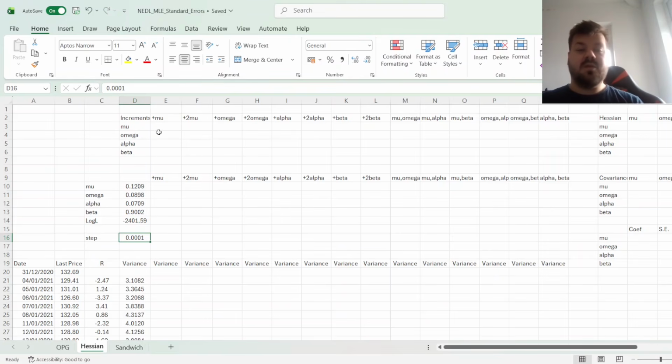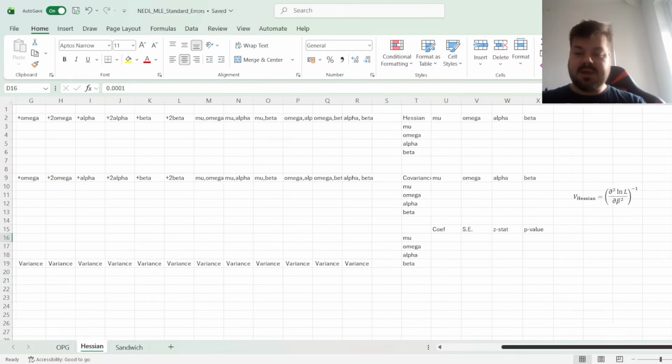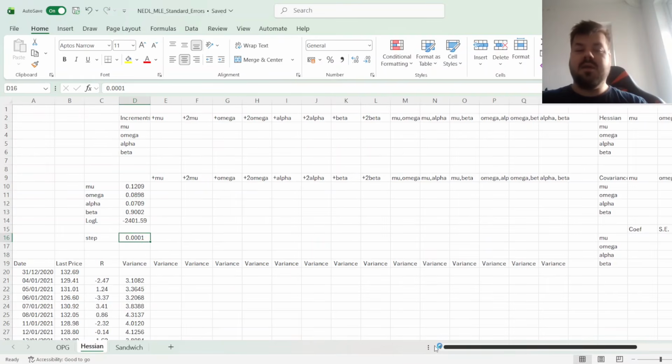First of all, we'll have to increase each variable by one step and by 2 steps. That would allow us to calculate second order derivatives of the log likelihood function with respect to those parameters in particular. So essentially the second derivative of log likelihood on mu squared, for instance. So it will be the second derivative with respect to mu, or omega, or alpha, or beta.